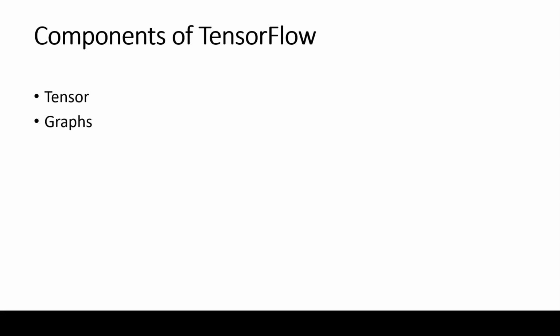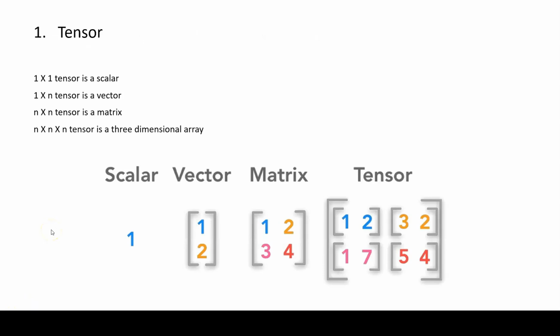Now, to summarize, there are two components of TensorFlow. The first one, tensors, and the second one, the graphs or the computational graphs. As we have discussed, TensorFlow's name is directly derived from its core framework, the tensor, and the tensor is one of the important components of the TensorFlow framework.